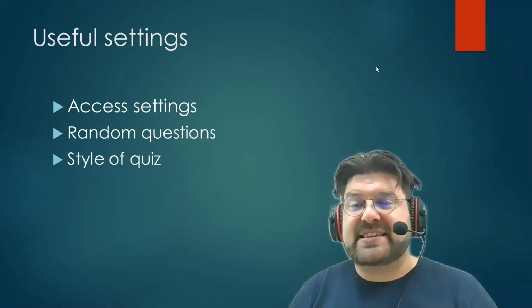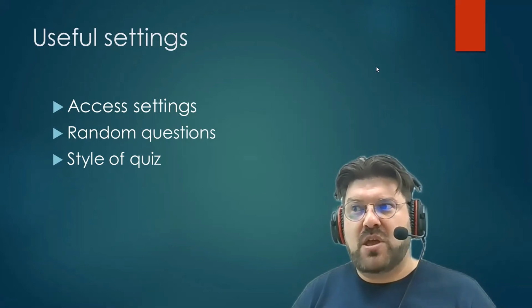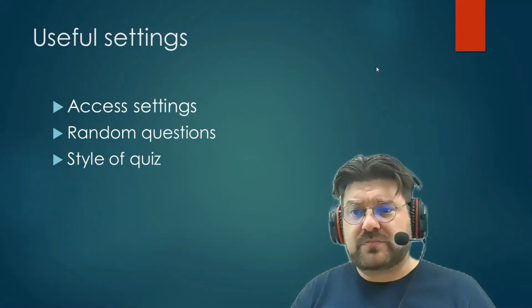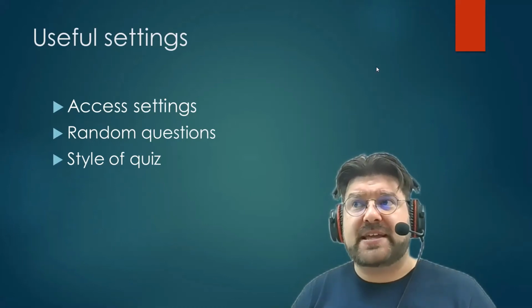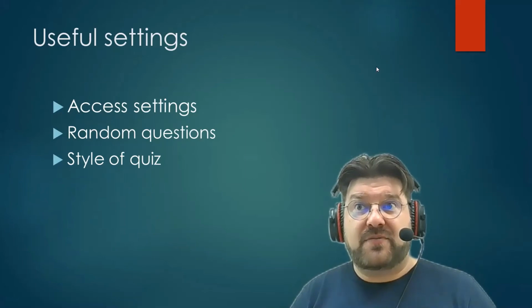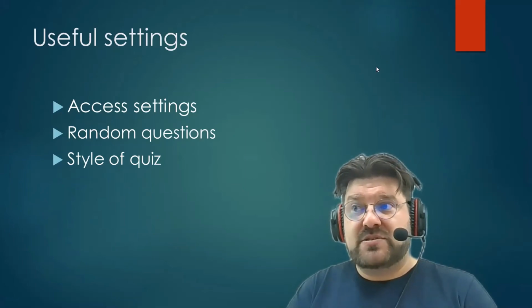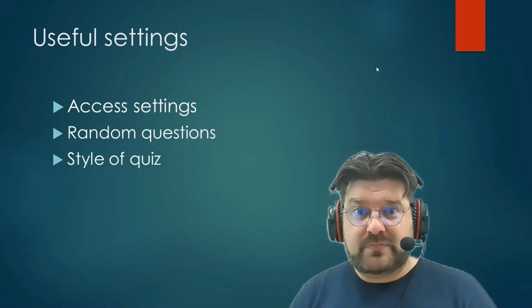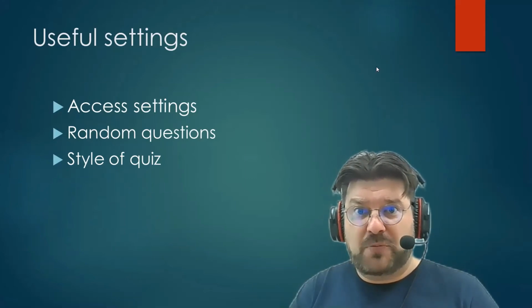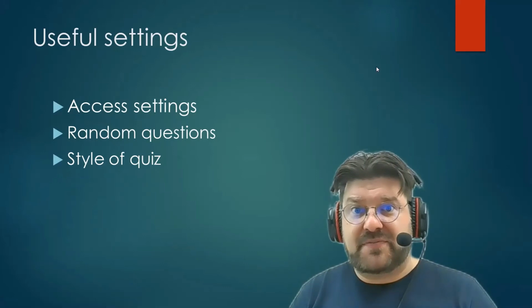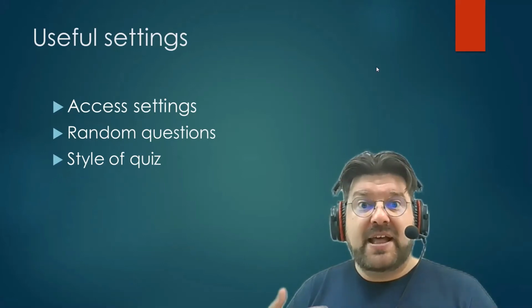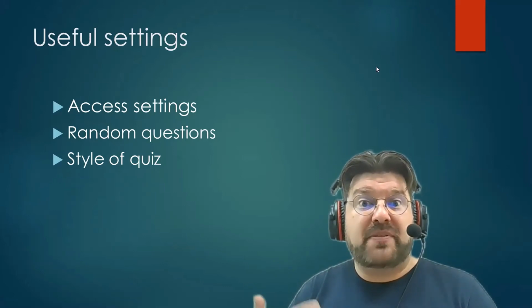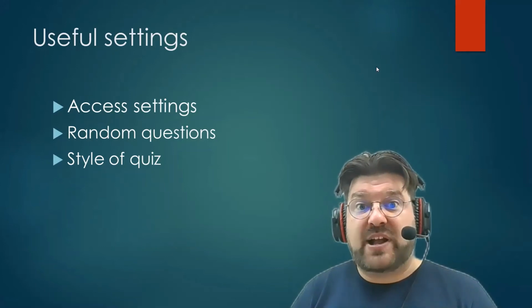Lastly, you can set the style of the quiz. What I mean by that is, what is done with the feedback for the quiz? So if it's considered like an examination, really formal, kind of a summative feedback, they will get their grade, but they will never see what the correct answer was.